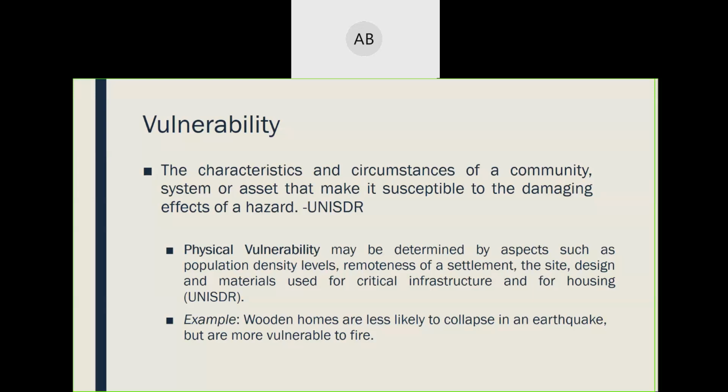For example, Japan is one country where every week there is a certain level of ground shaking experienced by the population. So it is in their culture to build houses and walls not with bricks but with lighter materials like wood or bamboo or even paper.